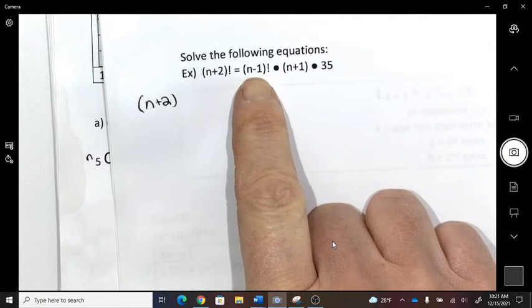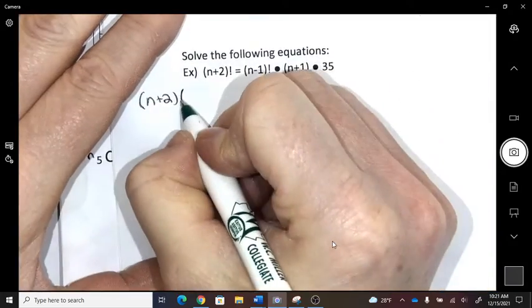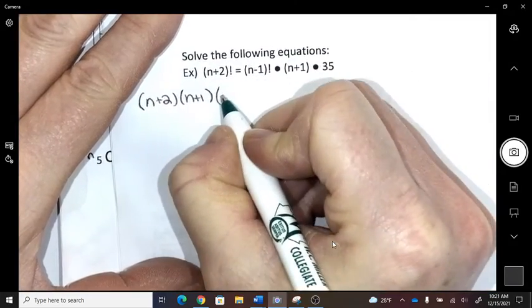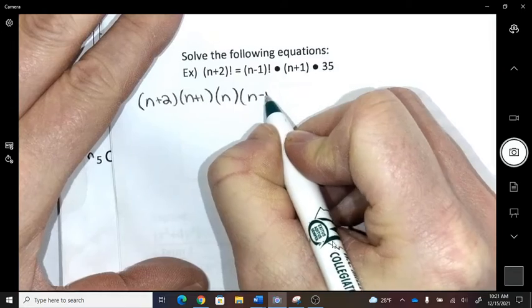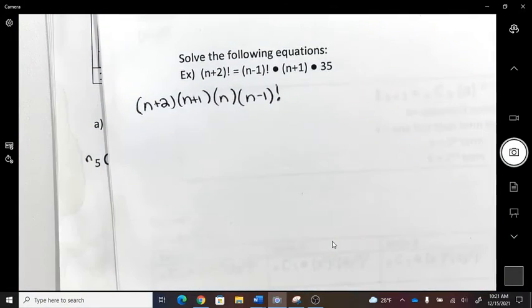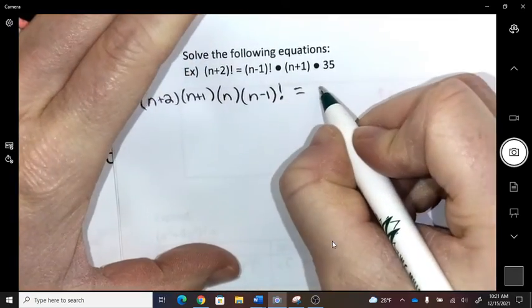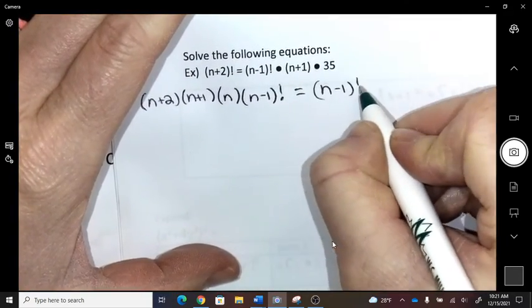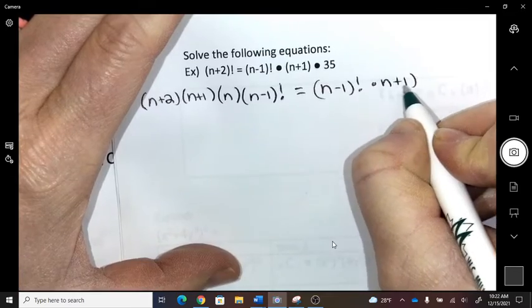An n minus 1. So go down, go down, go down, all the way to an n minus 1. Okay, equals, and then I'm just writing the other side.